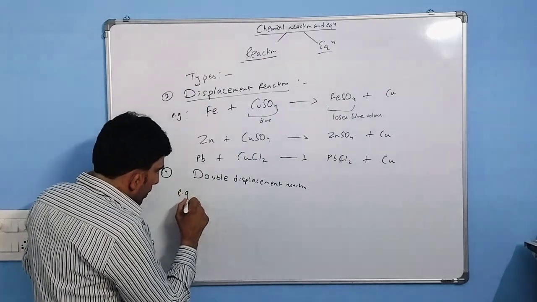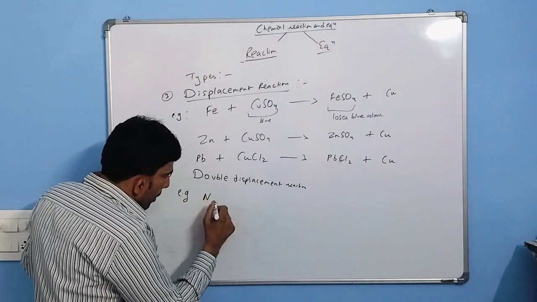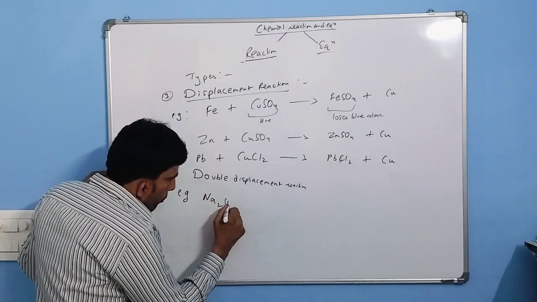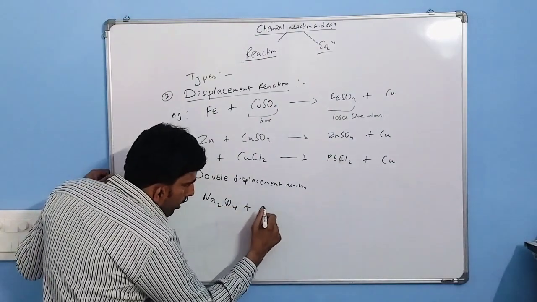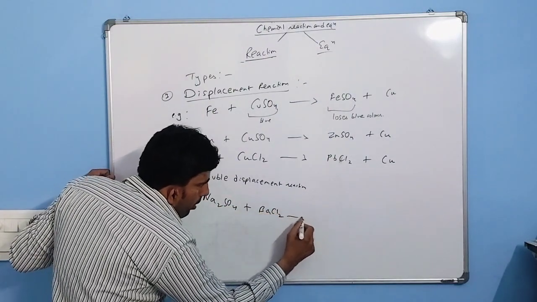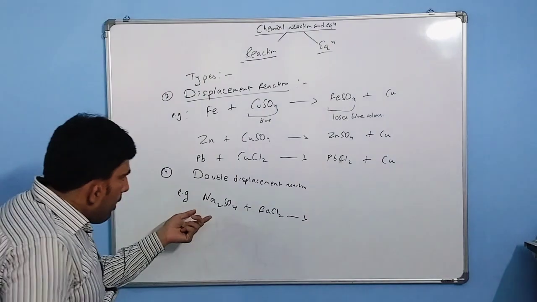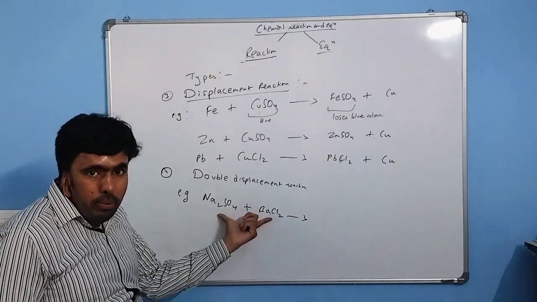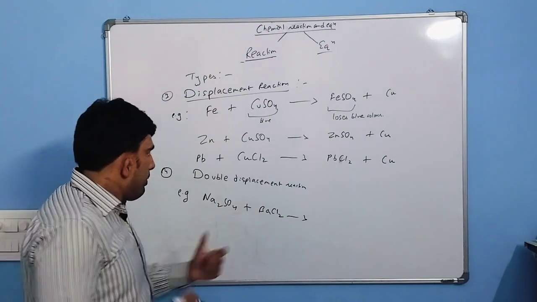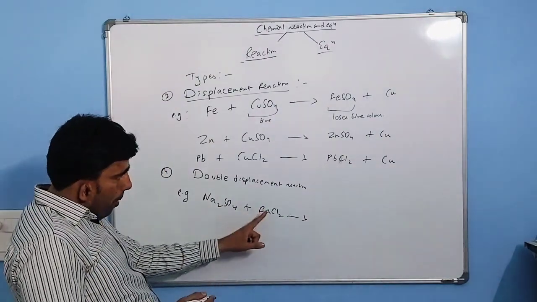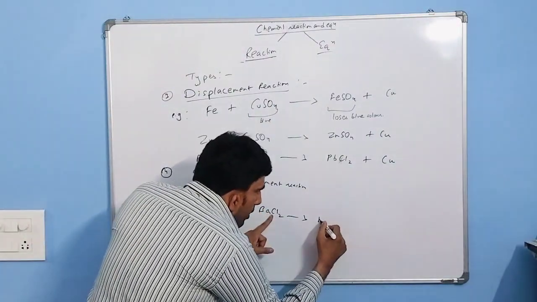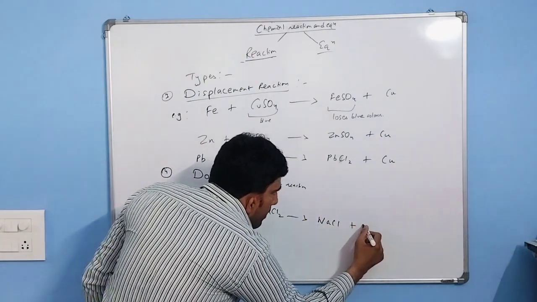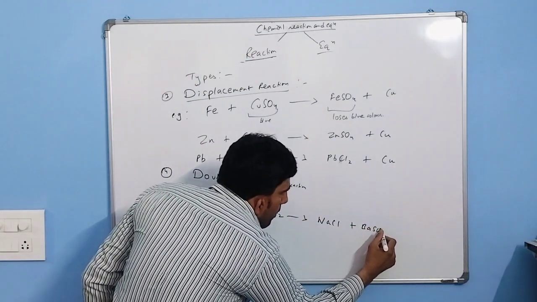For example, if I take a basic example, Na2SO4, sodium sulfate, plus barium chloride, what do I get? Here there is an exchange of ions. That is why it is called a double displacement reaction. Here sodium makes a compound with chlorine, so I will write sodium chloride plus barium sulfate.